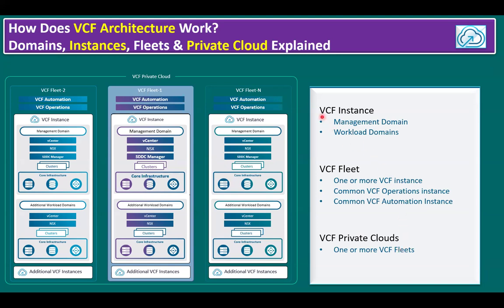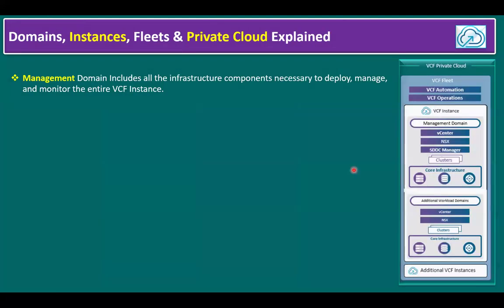Based on the infrastructure size, some organizations need only one VCF instance. Some organizations need at least one VCF fleet. If it is an extra large organization, they need not only one fleet, they need multiple VCF fleets within a VCF private cloud scenario. So that means private cloud constructs within a VCF.